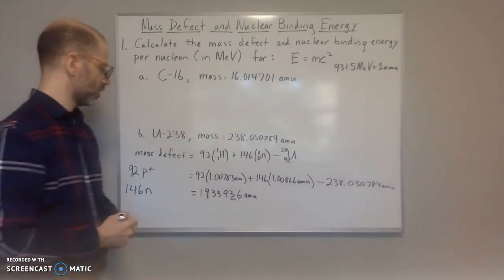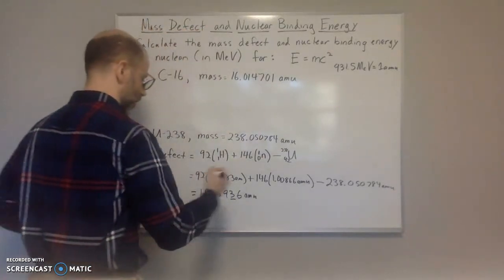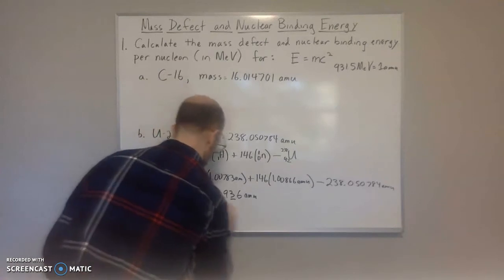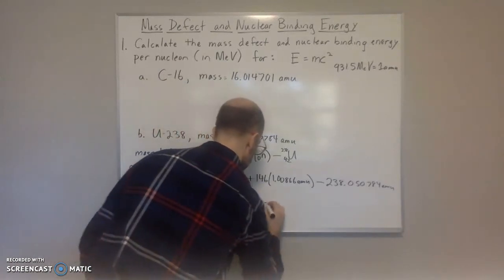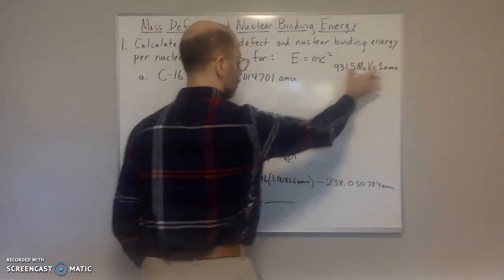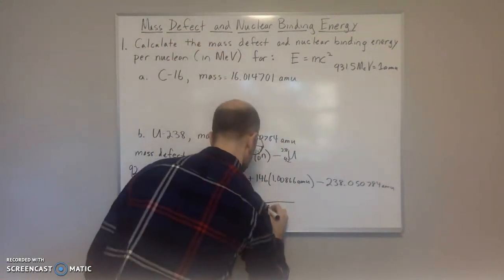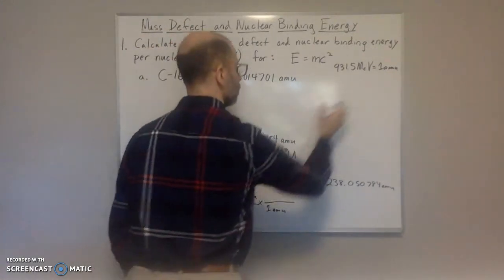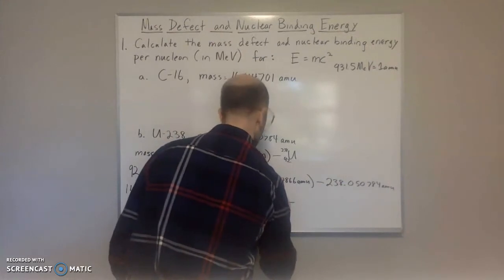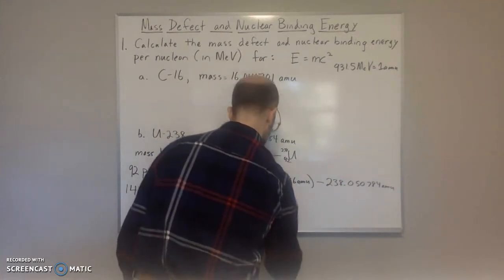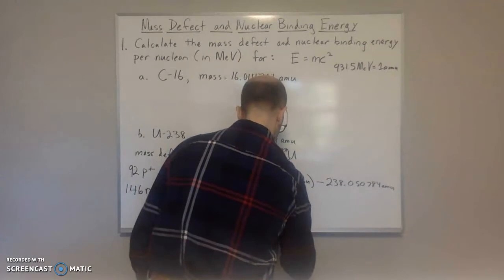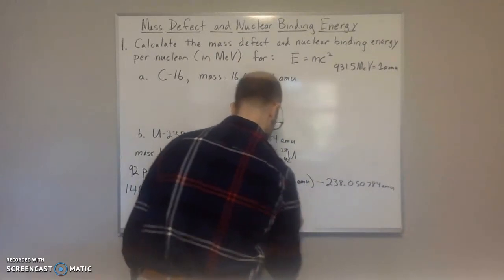So now we need to convert this to mega electron volts. Again, we're going to use this conversion factor here: 1 AMU on the bottom and 931.5 mega electron volts on the top.